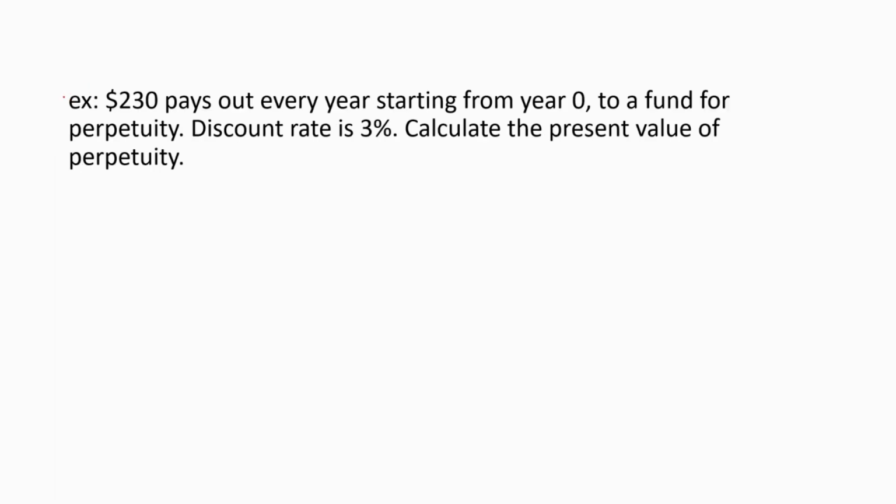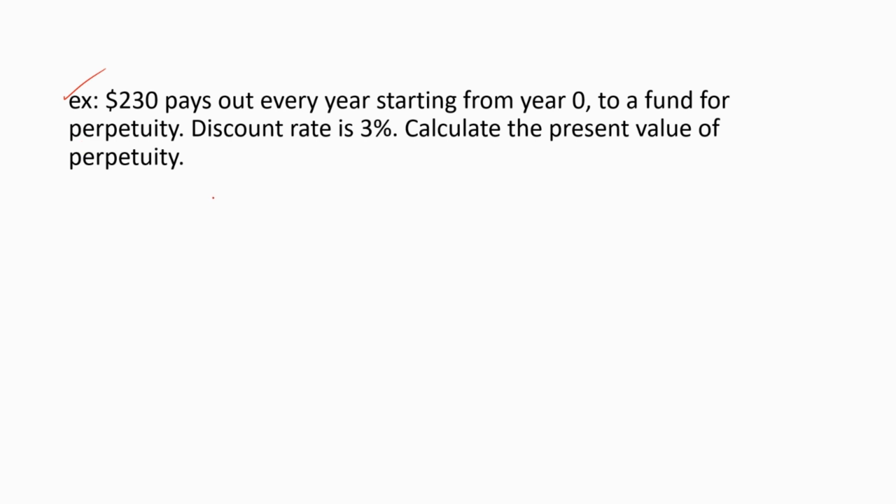Now let's do this example so you can understand this better. $230 pays out every year starting from year 0, which means this is an advanced perpetuity situation, to a fund for perpetuity. Discount rate is 3%. Calculate the present value of perpetuity.